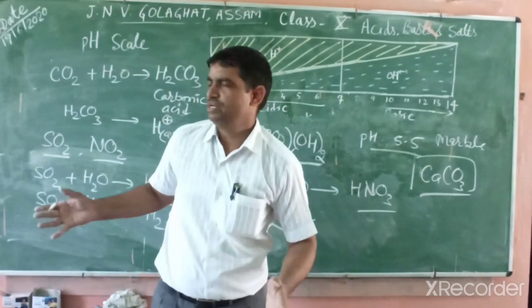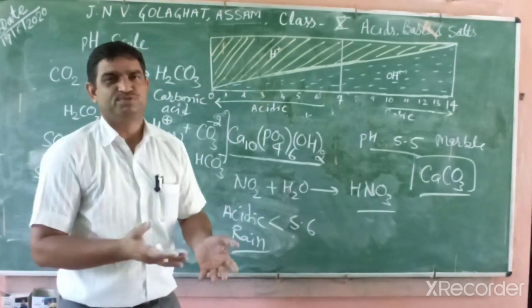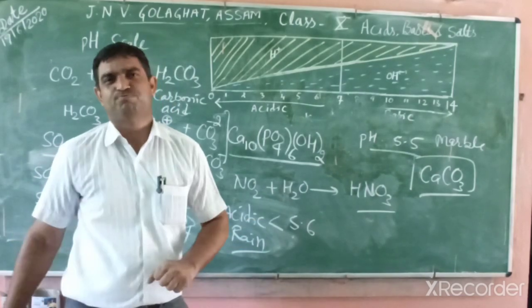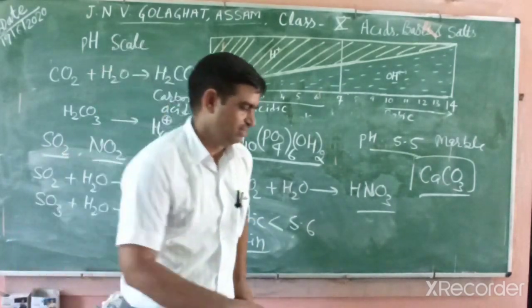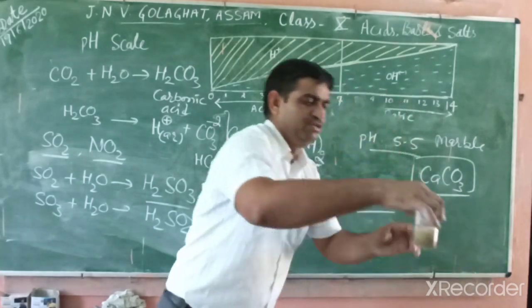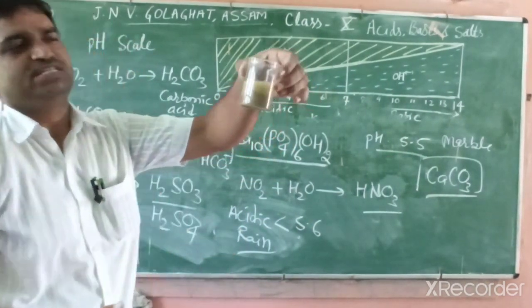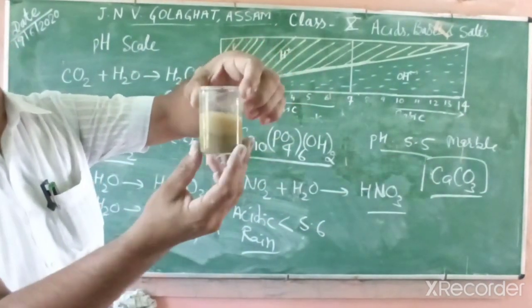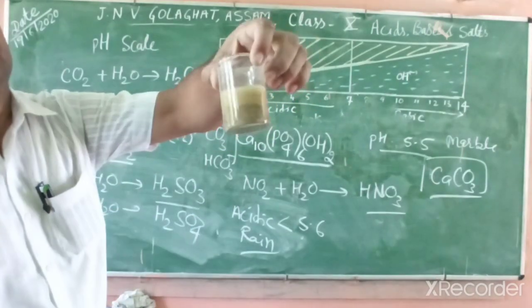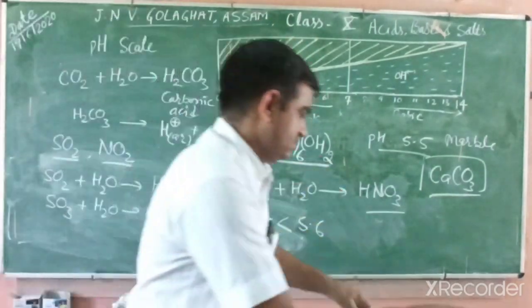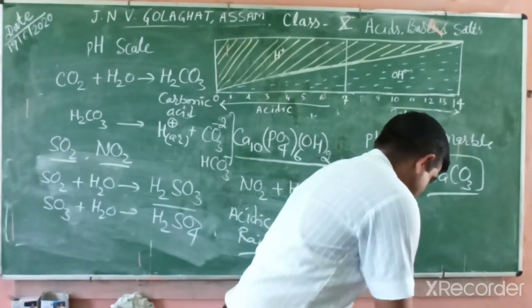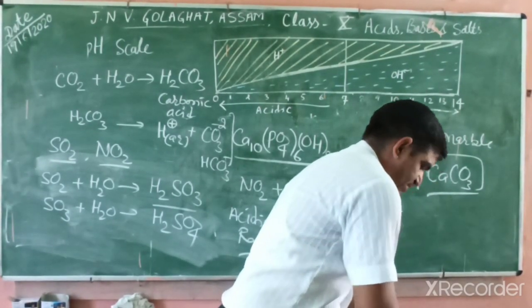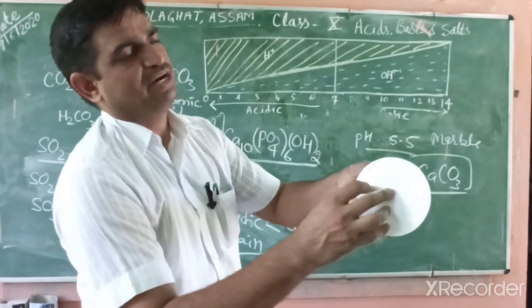So sometimes when we grow plants and crops, we need to check the pH of our soil or backyard. How can we check our soil? In this activity, we take a small amount of soil in a beaker, mix it in water, and then filter it using filter paper. How can we filter?